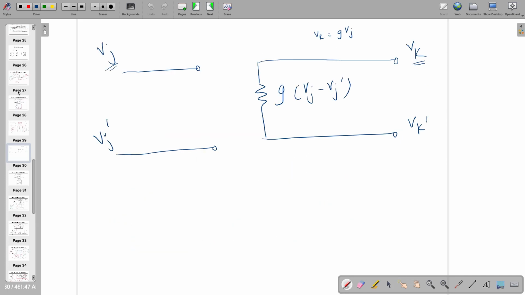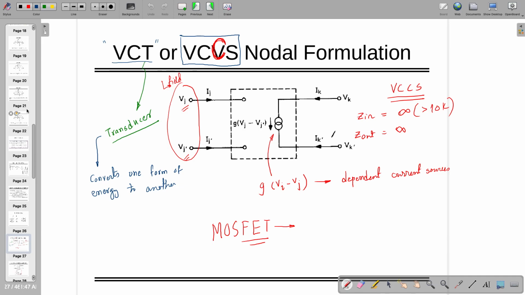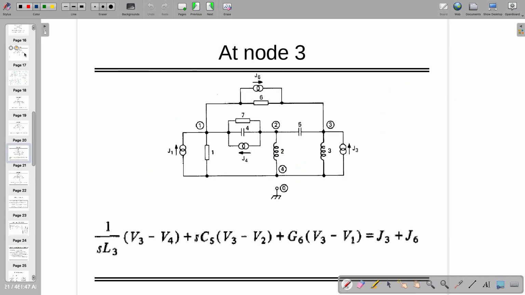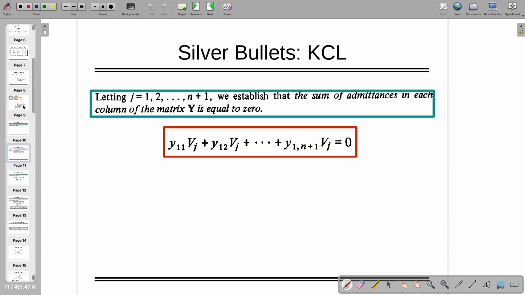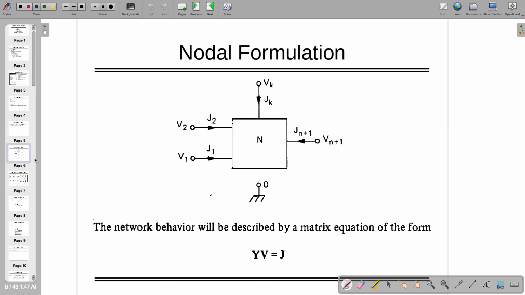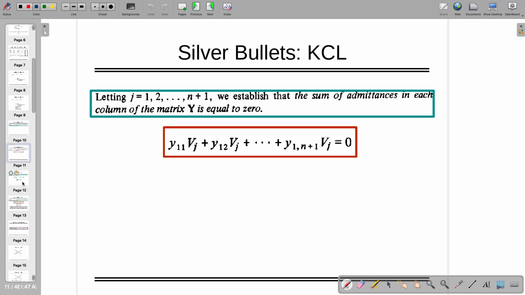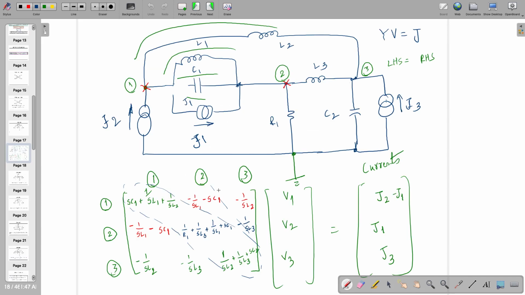If you remember, we have written one matrix also, in terms of currents. Here, these currents were found out by Divanshu, and he told me J2 minus J1, J1 and J3.